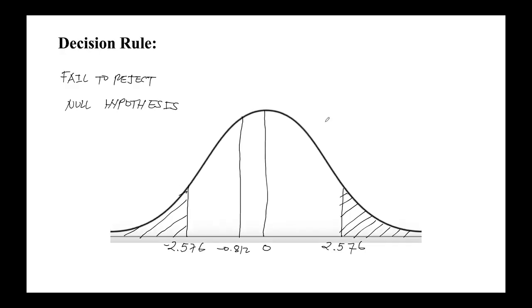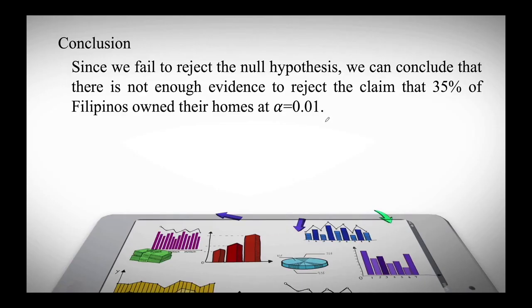Again, our conclusion, since we fail to reject the null hypothesis, we can conclude that there is not enough evidence to reject the claim that 35% of Filipinos own their homes at alpha level 0.01. Meaning to say, tama pa rin yung na-compute nila, o statistically proven pa rin yun na proportionate siya sa national proportion na 35% at alpha level 0.01.